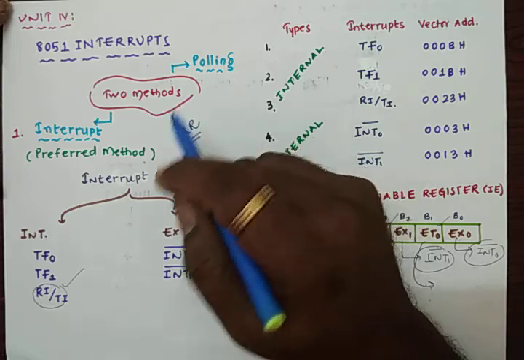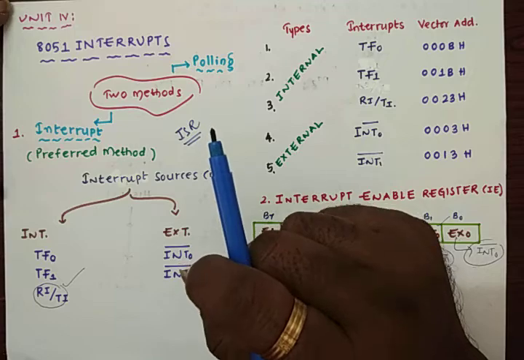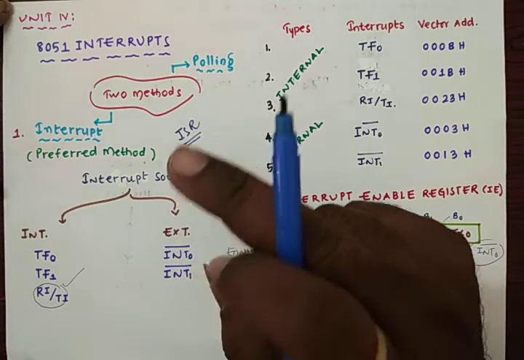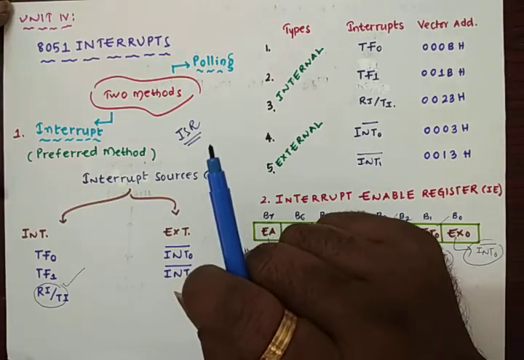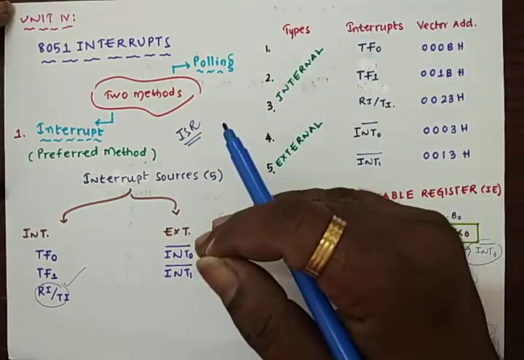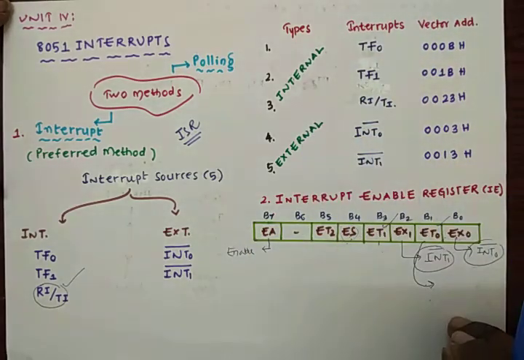That means it is going to service that particular interrupt. After completion of serving that interrupt, control comes back to the main program, which is already saved somewhere.